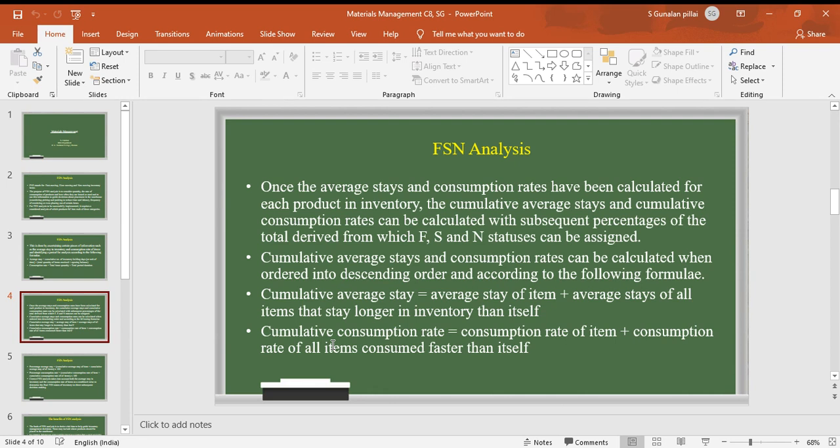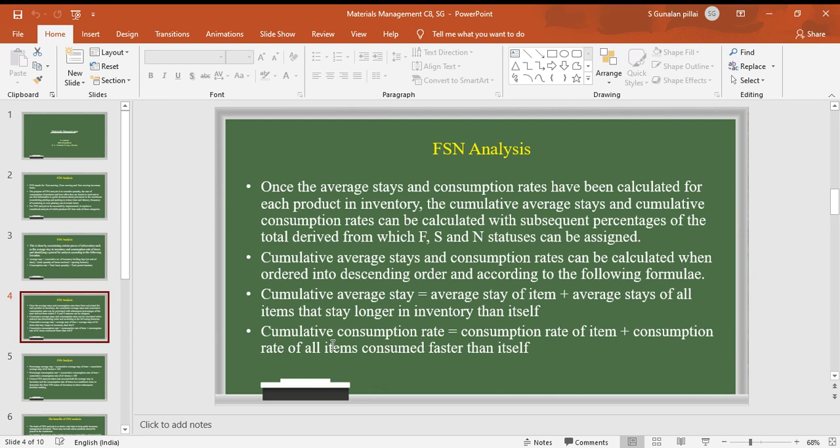So for the cumulative average stay, here we have to concentrate only on the FSN analysis. The cumulative average stay is equal to the average stay of the item plus the average stay of all items that stay longer in inventory than itself. It is very simple and it is also very complex.